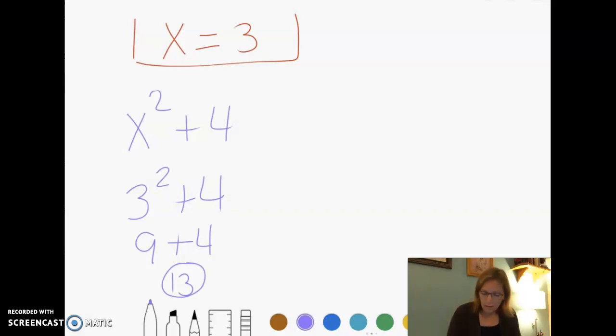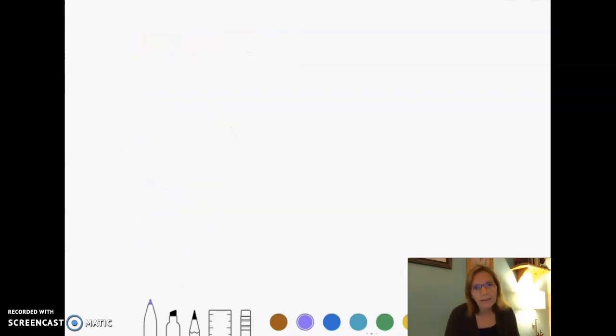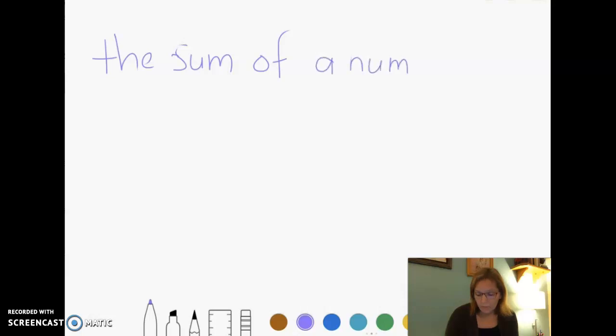The next thing is writing a phrase as a math problem. So I'm taking a sentence of words and I'm turning it into a math problem. For example, I might have the sum of a number and 6 squared.